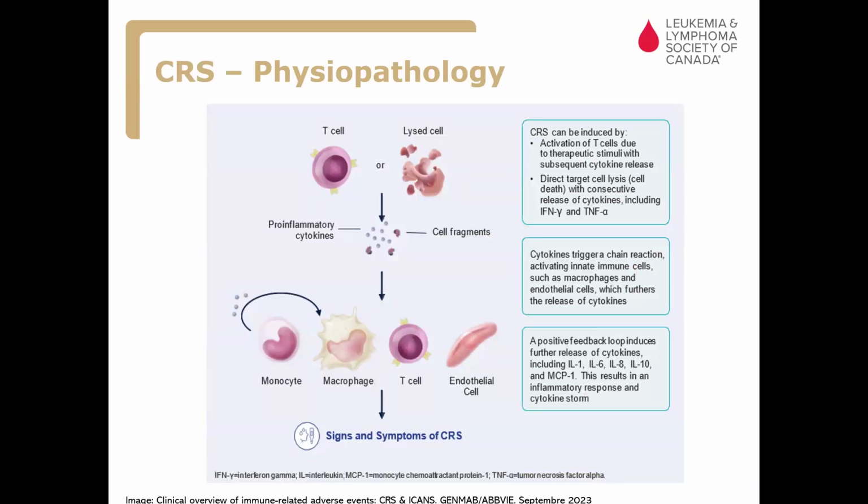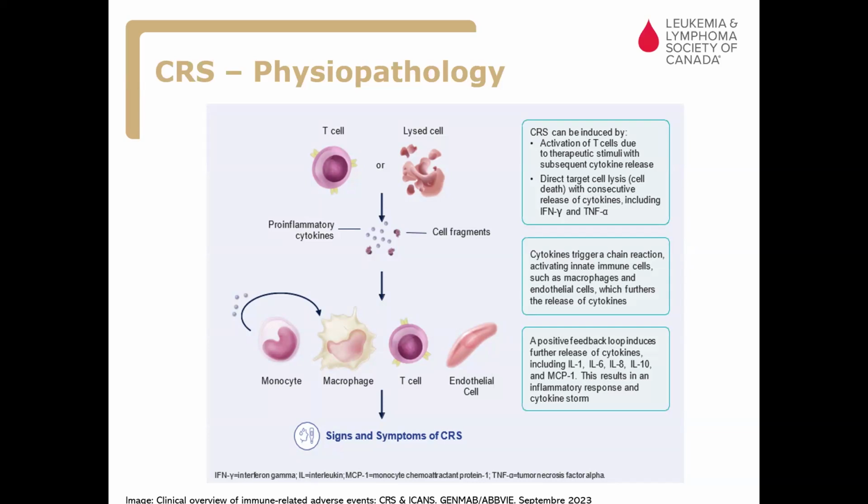So we'll do a quick overview of the pathophysiology of CRS. The understanding of the pathophysiology of CRS is incomplete. However, CRS is thought to result from a massive release of cytokines due to the interaction between tumor and immune effector cells. CRS can be induced by the activation of T cells due to therapeutic stimuli with subsequent cytokine release.